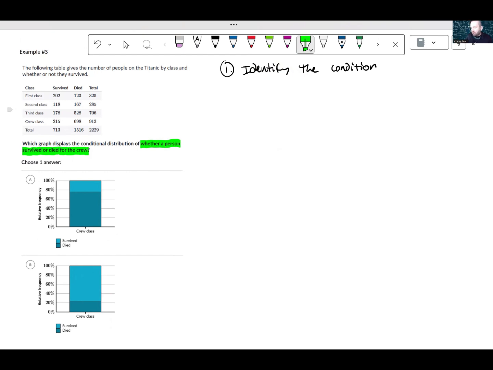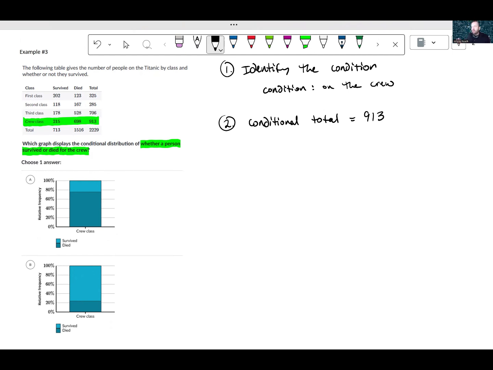So that means our condition is that they were on the crew. That's going to be the row that we're going to focus on, the crew class row. So the total of our conditional total is going to be 913 people. Okay, and now we're going to determine the fractions and percentages of these values.